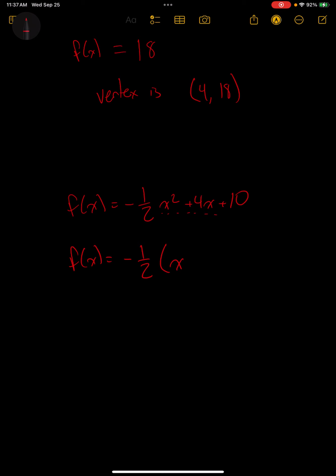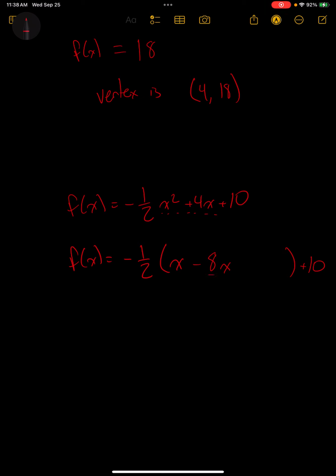Now, in order to do that, I multiply this by the reciprocal, right? So 8x, I have to take out the minus, right? If I multiply minus half by 8x, I'll get 4x. Okay, that's a step that people have to get comfortable with. Plus 10.